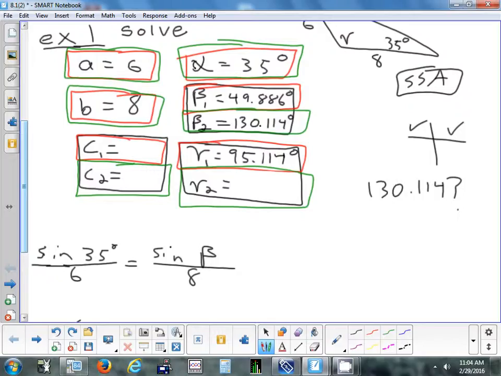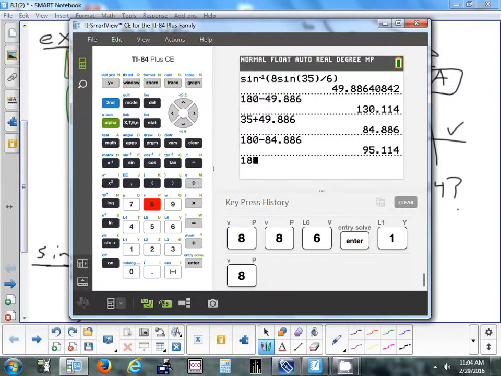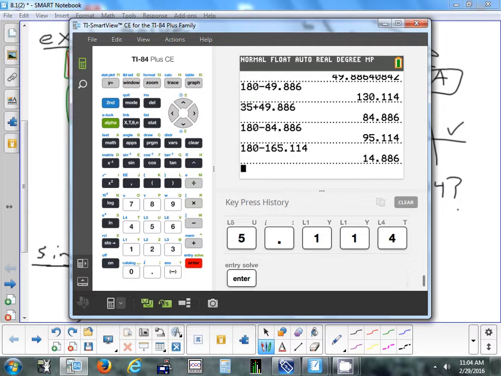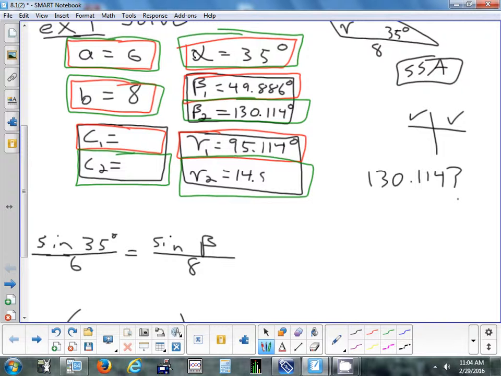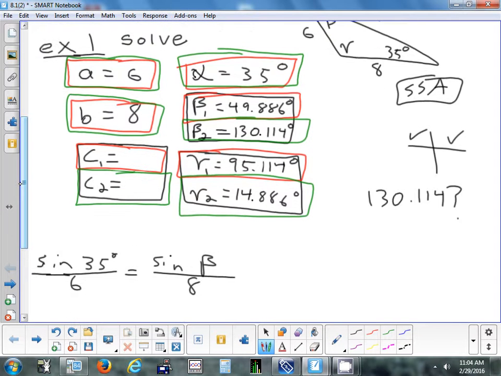So that's going to add up to 165.114 and subtract that from 180. Okay, you get 14.886. Okay. Any question on that?